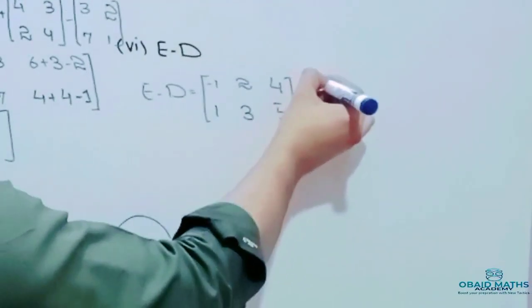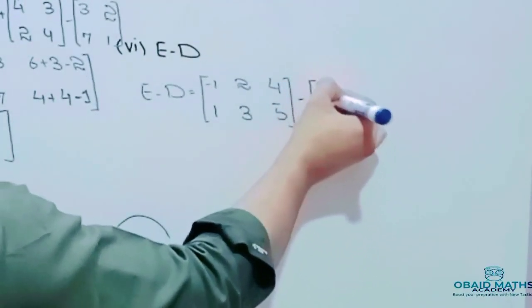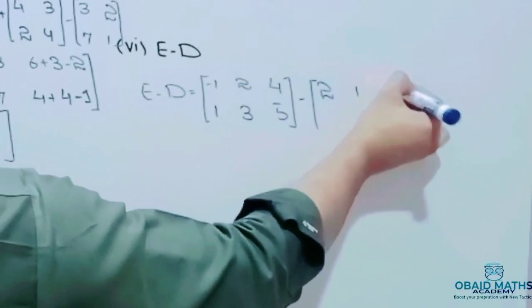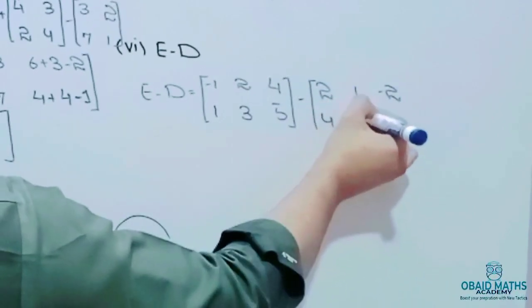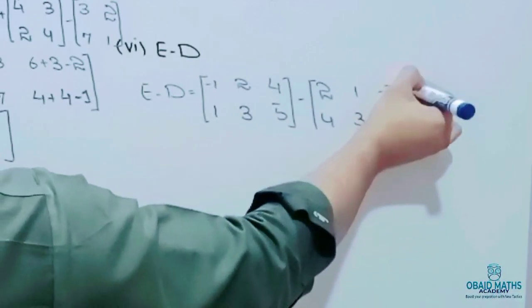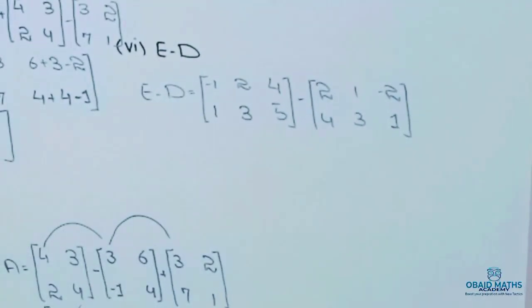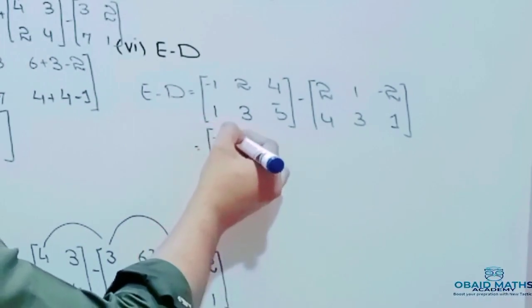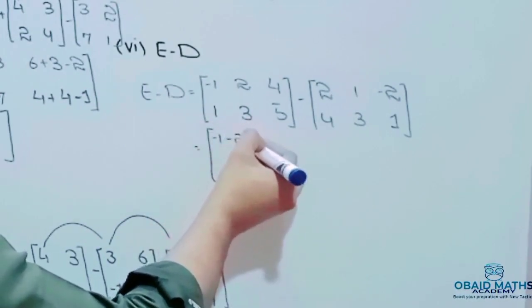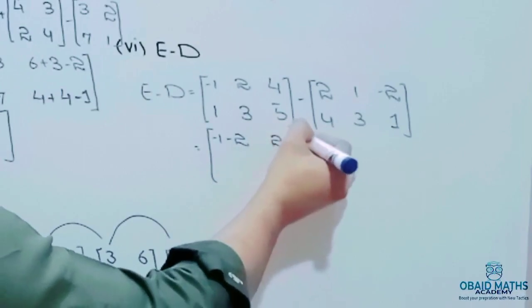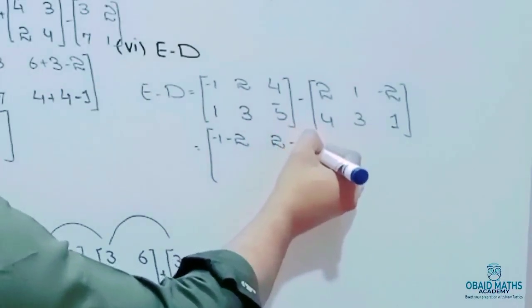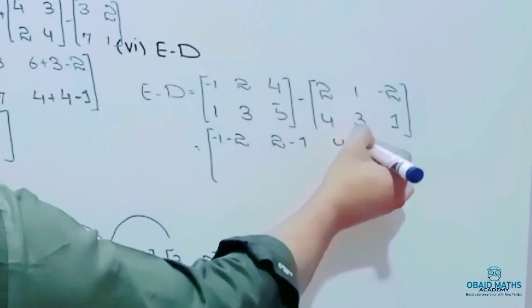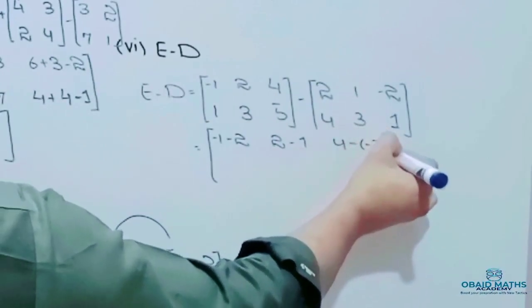Next, the matrix D, 2, 1, minus 2, 4, 3, 1, and matrix close. Okay, so minus 1 along with the minus 2, second 2 minus 1, next 4 minus into minus 2.